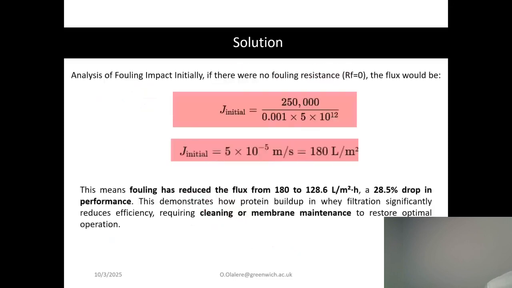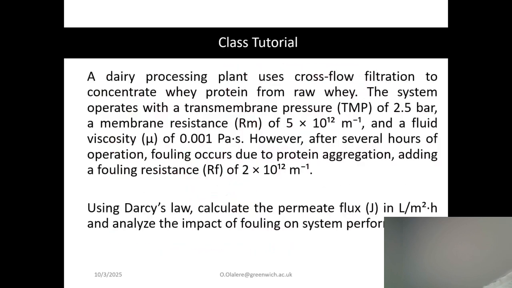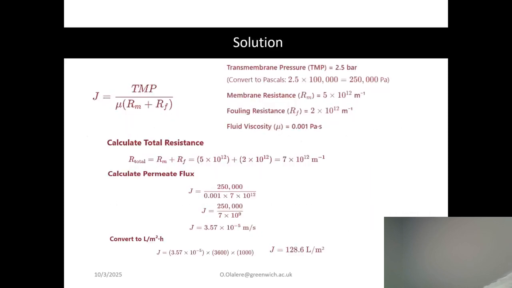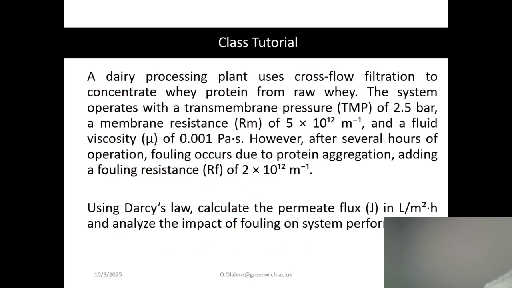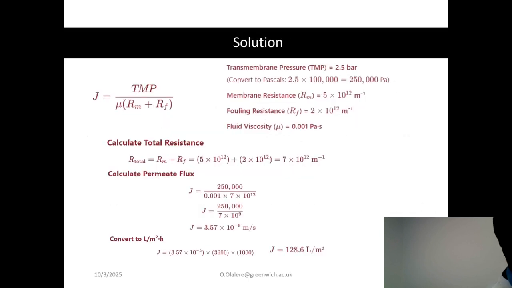So now, this next question says, calculate the permeate flux. So we already have that, right? And the next one says, analyze the impact of fouling on the system performance. How do we do that?